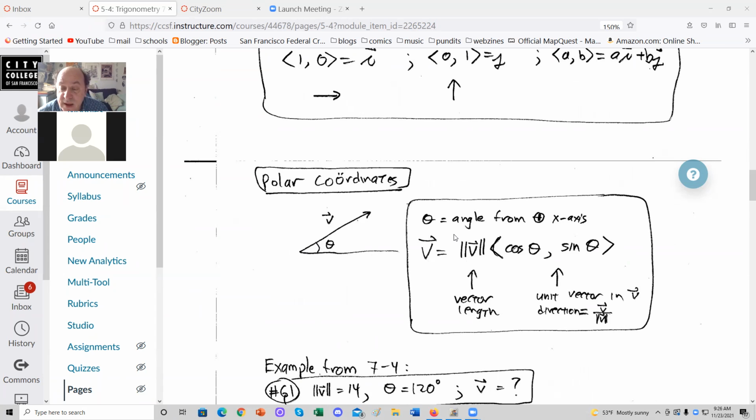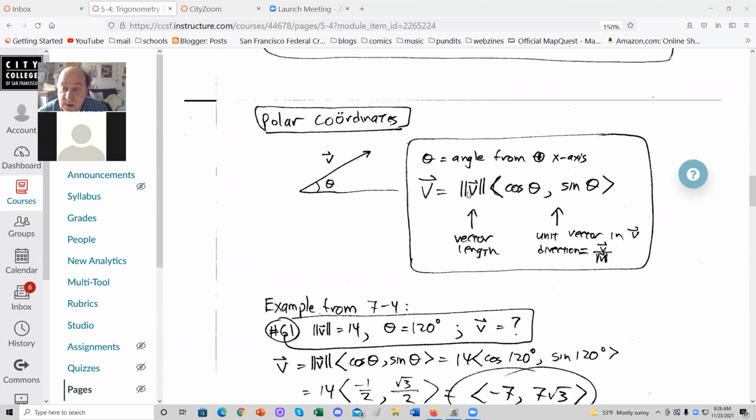Then it's easy enough to see that v is equal to the length of v times ⟨cosine theta, sine theta⟩. This is called the unit vector in the v direction. It also equals v divided by its length. This is a lot like r cis theta we saw last time for complex numbers. And in a sense a complex number is a kind of vector with some additional structure.